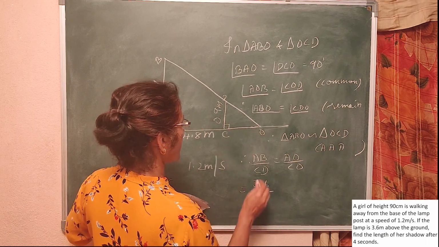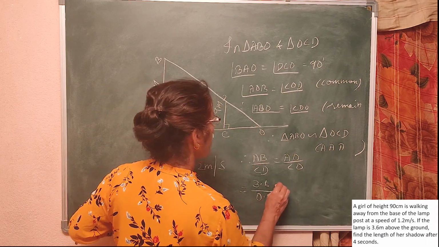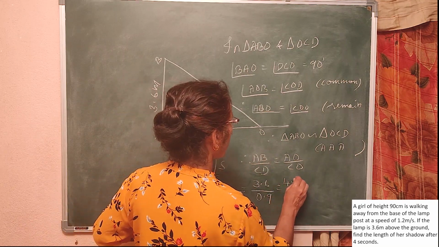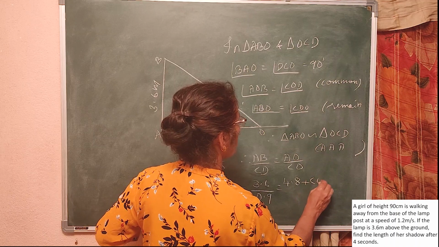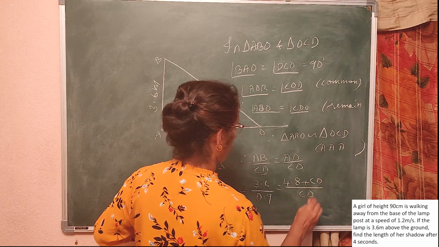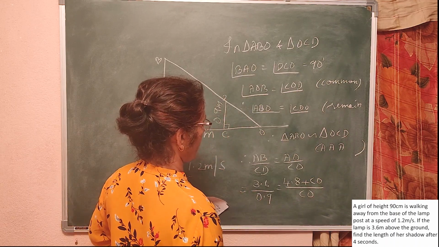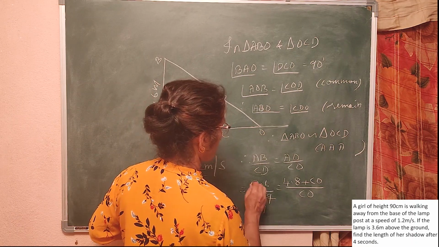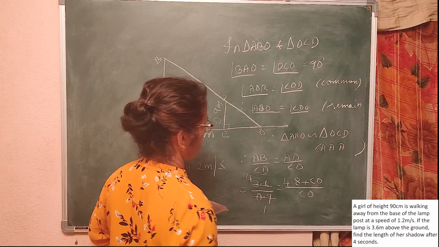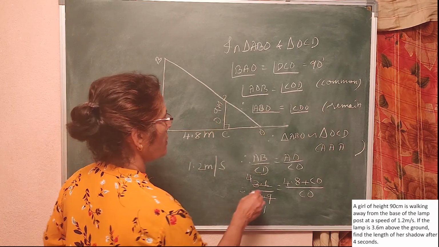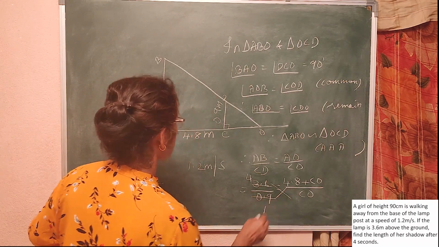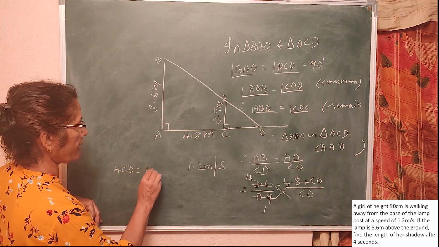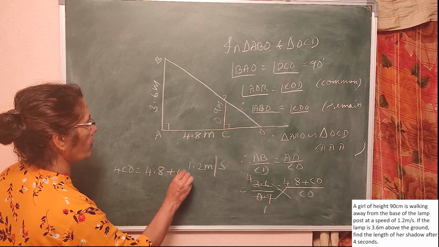By what is CD? 0.9 is equal to what is AO? 4.8 plus CO divided by CO. So, I can say 0.9 and 3.6, 9 ones are 9, 4 by 1, or I can say like this, 4 CO is equal to 4.8 plus CO.